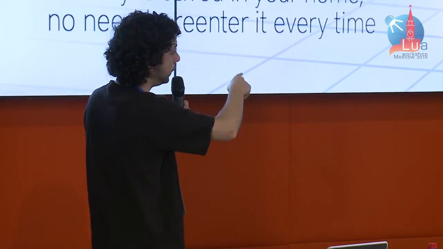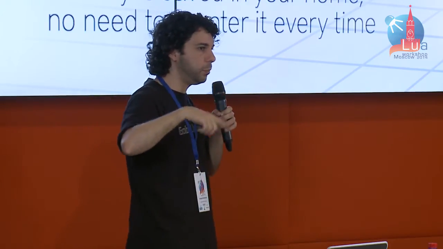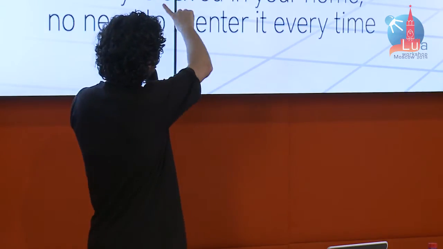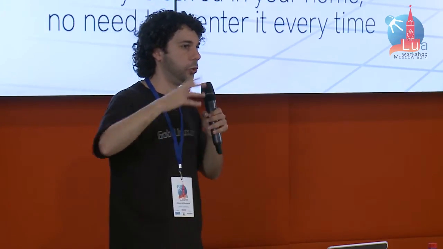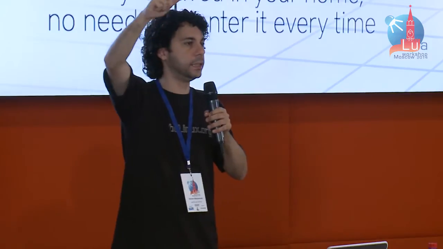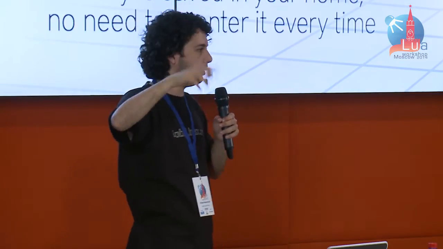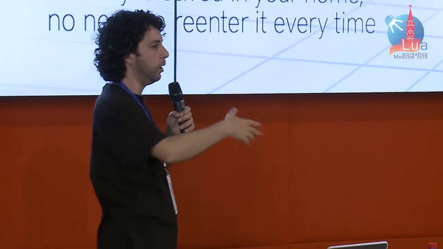It will actually test the syntax of your rockspec, and then try to generate a source rock file. It's going to take the URL field from the rockspec that says my code's in GitHub in that repository, clone your GitHub repository, pack it, make a source rock file, and then upload that. So if the website goes offline, well, MoonRocks is going to have a copy of your source code.